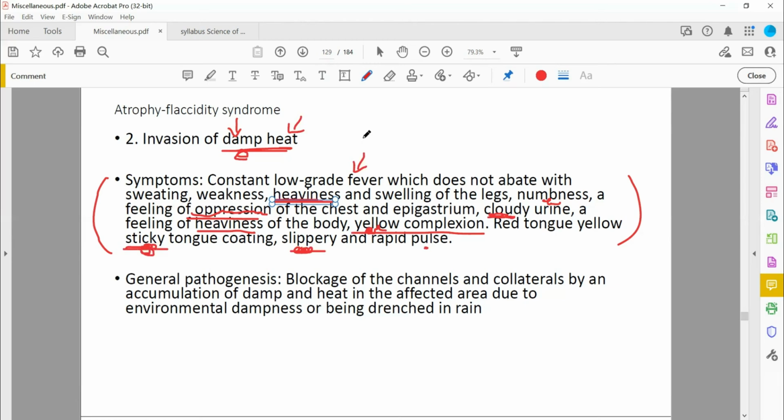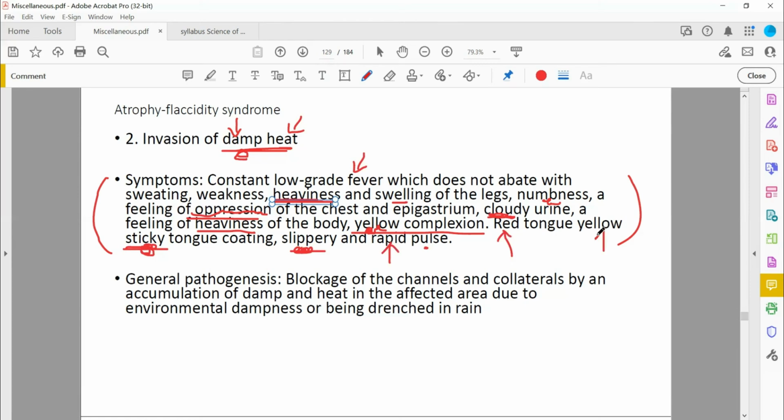What about swelling of the leg? Is that a keyword for heat or for damp? Damp. Swelling, that's the damp. Then let's see: red tongue, rapid pulse, that's the heat, right?